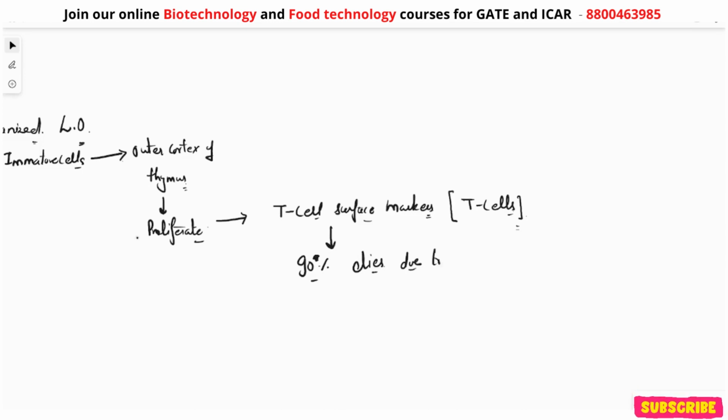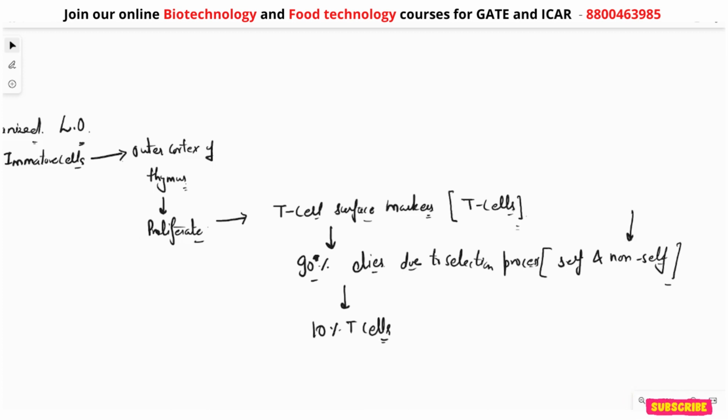This happens due to a selection process, which is to distinguish between self and non-self cells, right? After the selection, the 10% of T cells which will only identify the non-self cells move into the medulla of the thymus organ.